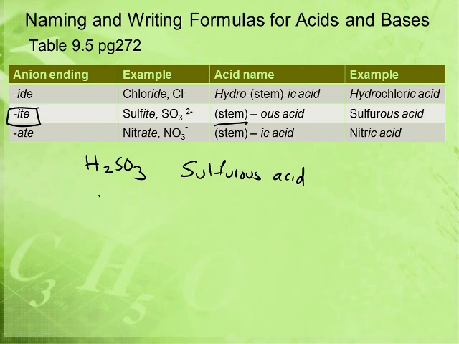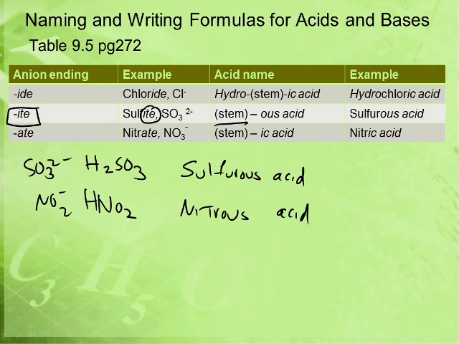If we had NO2 minus, that was nitrite, and as the acid, you would see HNO2, nitrous acid. The ion is an ite, sulfite, nitrite. With the acid, it becomes sulfurous acid. This becomes nitrous acid.